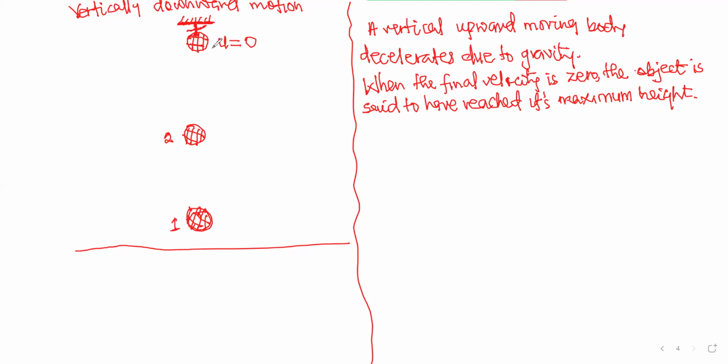And here, falling freely means that a body is falling in such a way that gravity is the only force acting on the body, or gravity is the only unbalanced force. All other forces are balanced, so they have no effect. But gravity is the only unbalanced force acting on the body. And this is what we refer to as free falling.